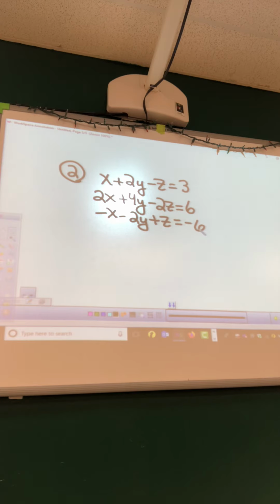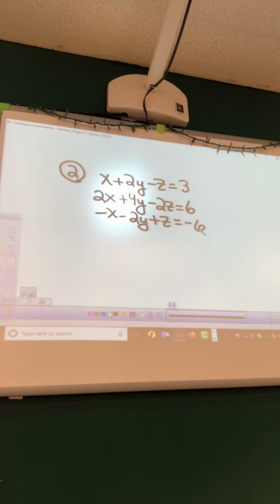As long as we have correct work, we will get correct answers. Sometimes just taking a little breather and saying, what do I want to eliminate, might be beneficial. But all 3 of these variables are pretty darn easy or nice to eliminate. So I do not care truly which one.